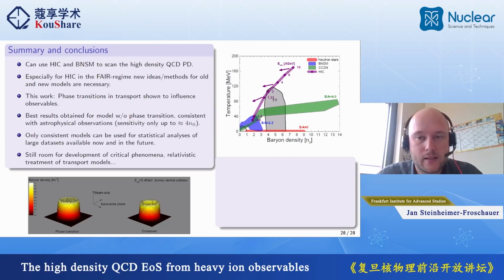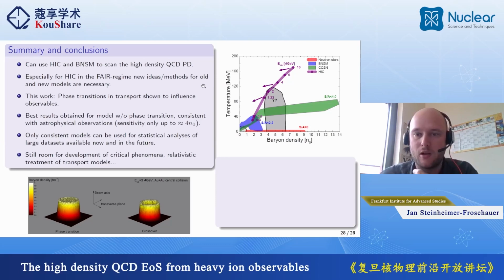So to summarize again, what I tried to really convince you of is that we still haven't given up on using heavy ion collisions and binary neutron star mergers to scan the high density QCD phase diagram. And I think especially for the heavy ion collisions in the FAIR or HIAF or beam energy scan 2 regime, we need new ideas and methods for old and new models, right?